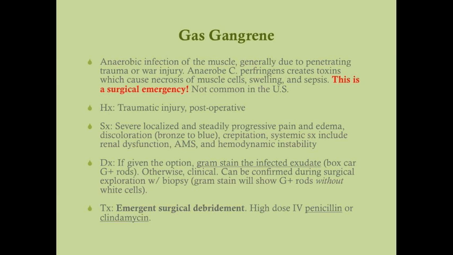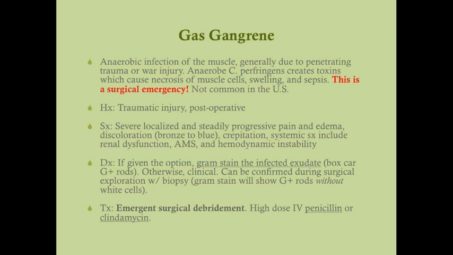For diagnosis, because this is such an emergency, we're not going to do much of a workup. If the patient has this steadily progressive pain and edema, particularly if they have discoloration or crepitation, you're going to be getting this patient in the OR right away. If you have the option, then you can do a gram stain of the infected exudate, which would show boxcar gram-positive rods, and that would confirm the diagnosis of gas gangrene or infection with Clostridium perfringens.